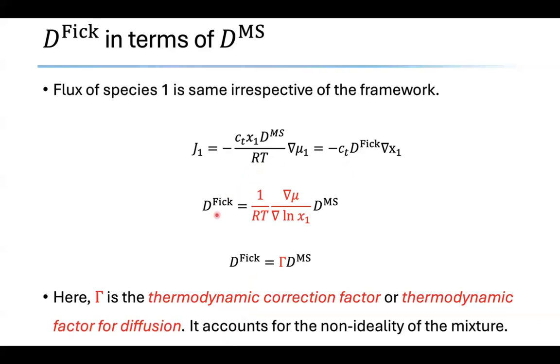Now, upon rearranging the terms, the Fick diffusion coefficient can be expressed in terms of the Maxwell-Stefan diffusion coefficient, which has the following set of parameters that connect the two. Now, these parameters can be clumped together and called the thermodynamic correction factor, or the thermodynamic factor for diffusion.